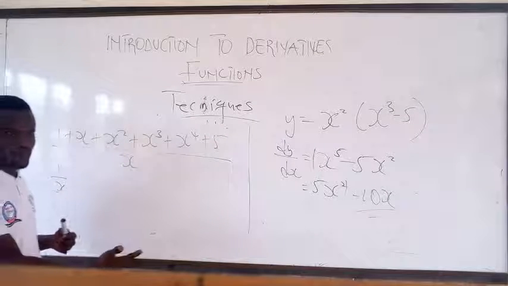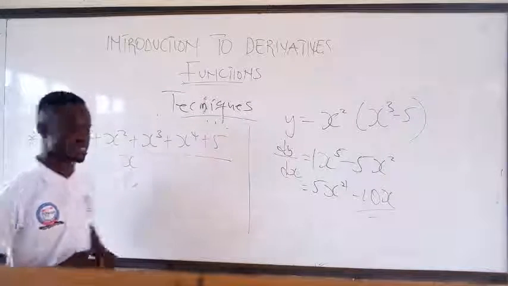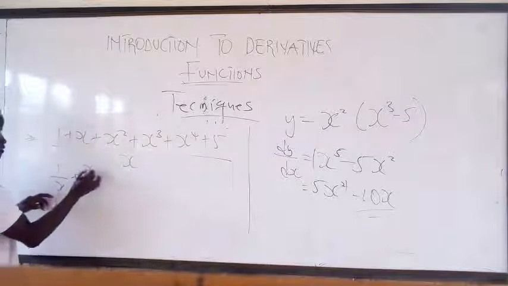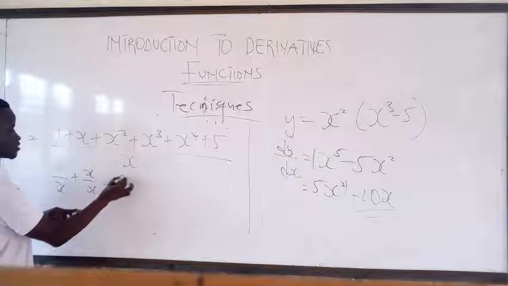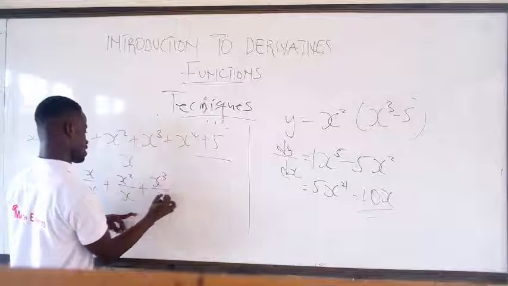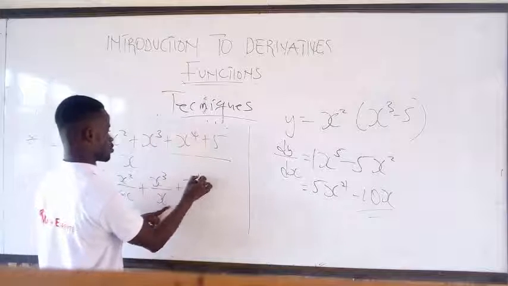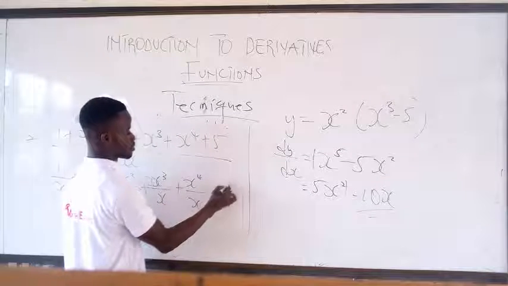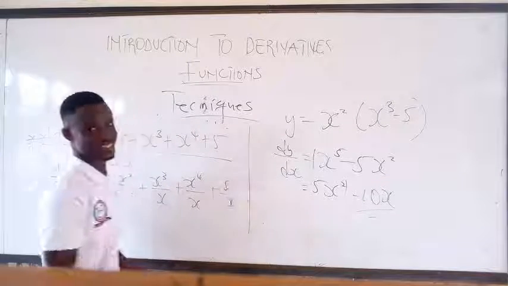So this is algebra first before you take the derivative. So we can get this, we can get this, we can get this, we can get this, and we can get this.